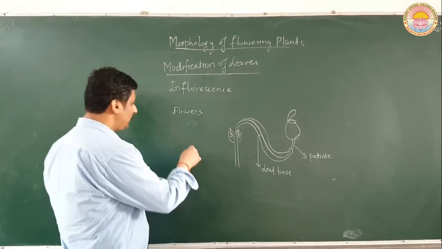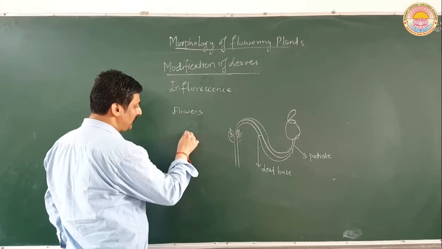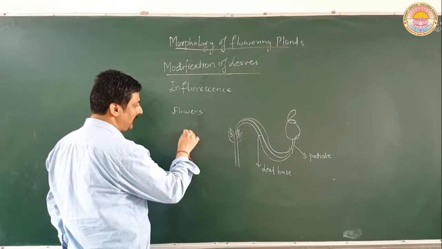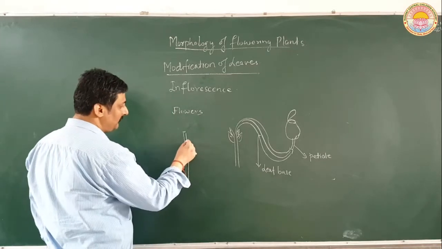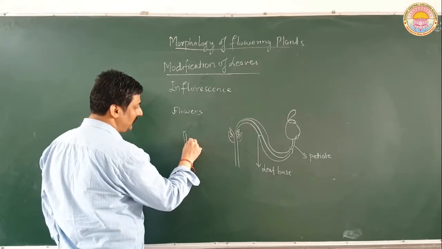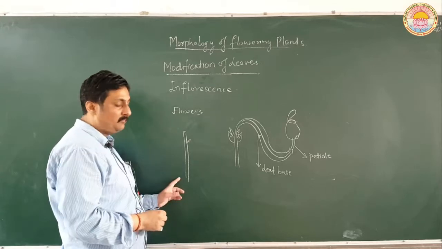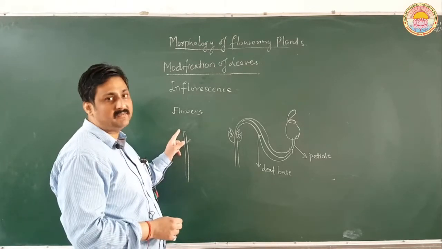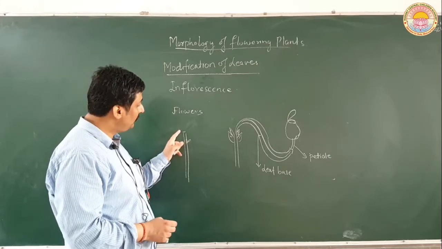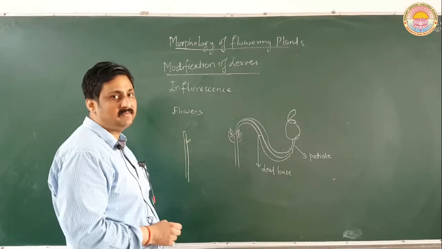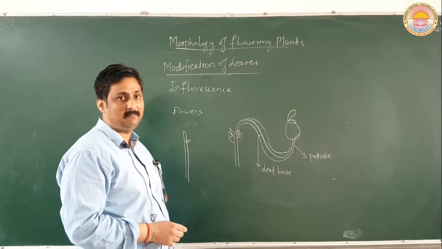Now sometimes the flower can be present at the tip of the stem. There are certain times when flowers are present laterally. When they are present at the tip of the stem in the apical meristem, they can stop the growth of this stem also for a certain time period.